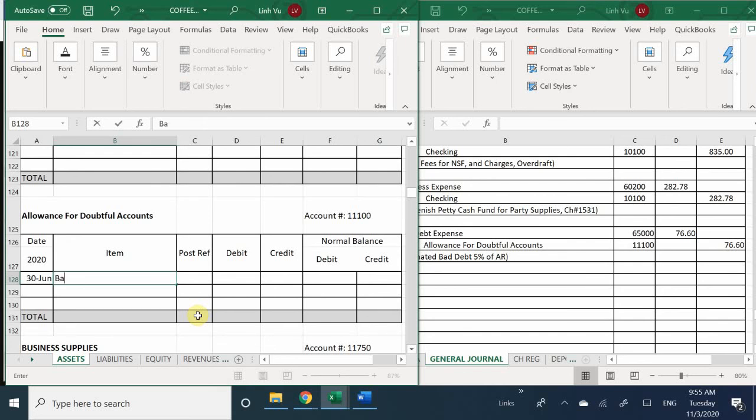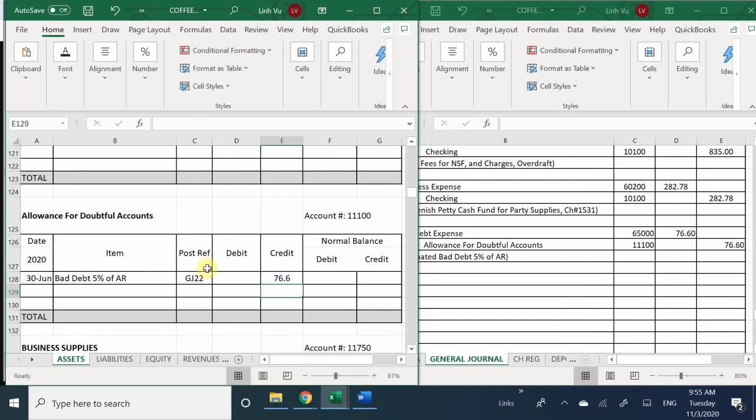You can write bad debt, 5% of accounts receivable. And we're going to credit our amount for 7660.